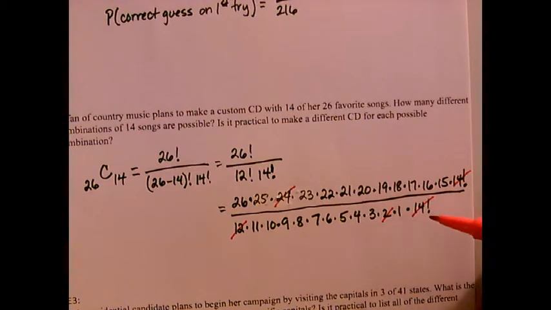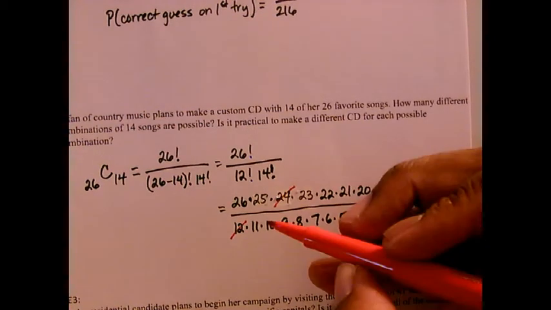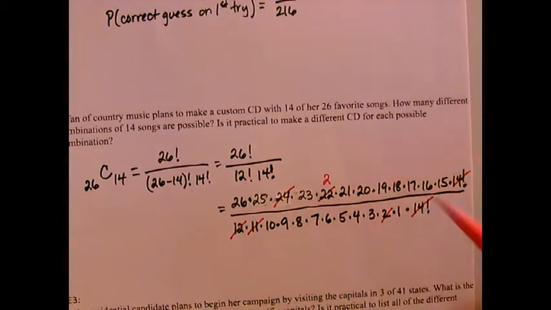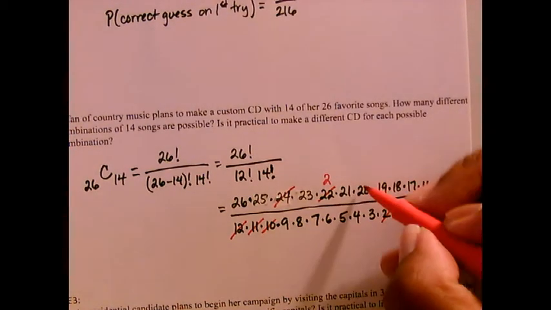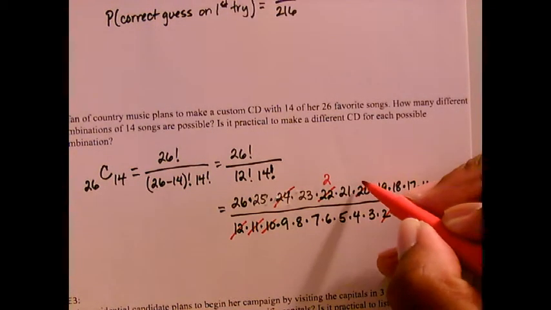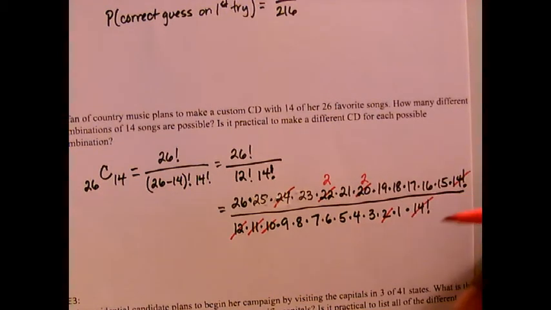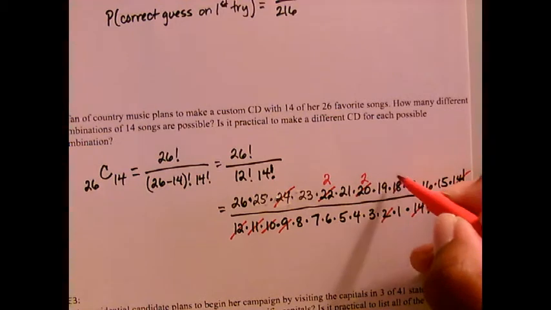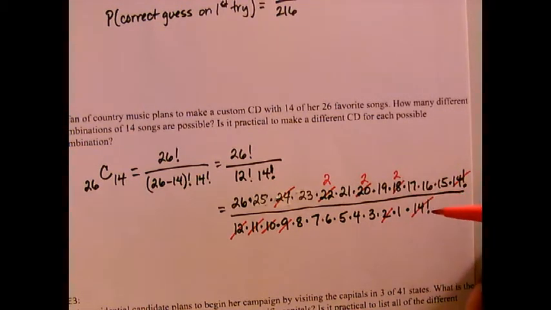And I know with 11, that goes into 22 2 times. With the 10, that 10 goes into 20 2 times. And I also know that 9 goes into this 18 2 times.